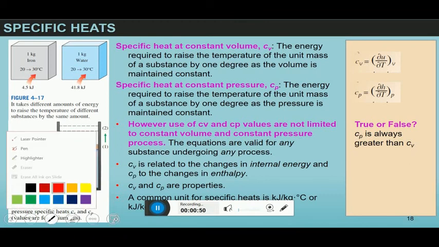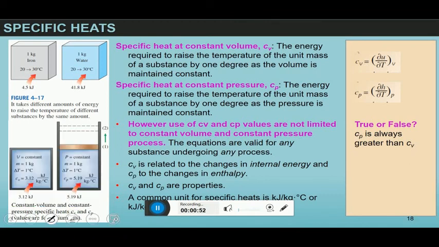So the amount of heat needed to increase the temperature of a unit mass of substance by 1 degree at the constant volume process is called specific heat at constant volume. And if the process is a constant pressure process, it is called specific heat at constant pressure.